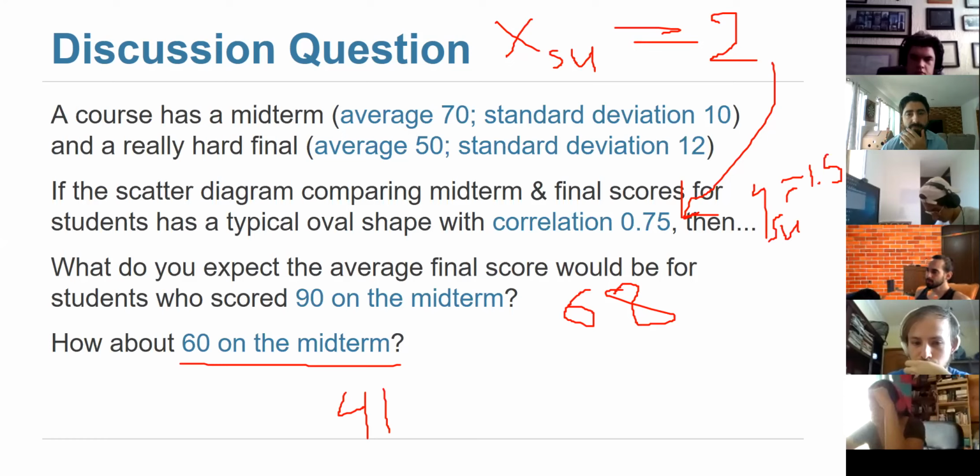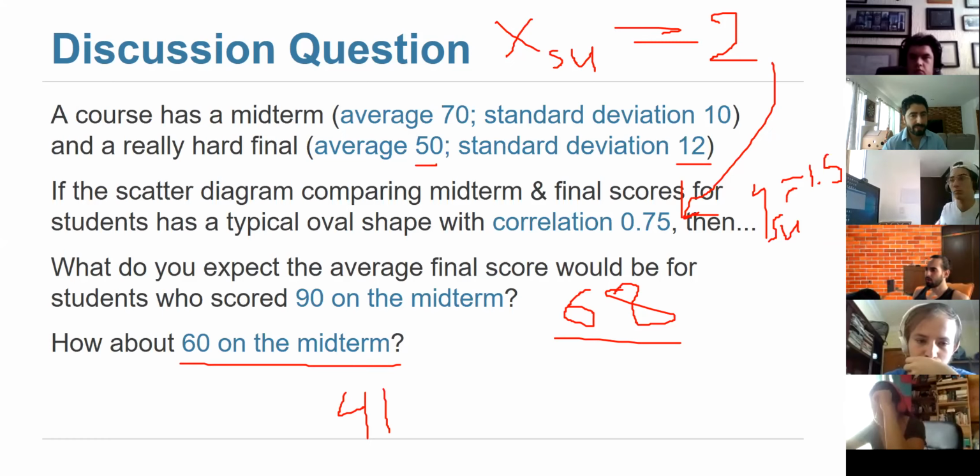And you have this 12, and if you multiply 1.5 by it, you get 18. So 18 points above your 50, you get 68.